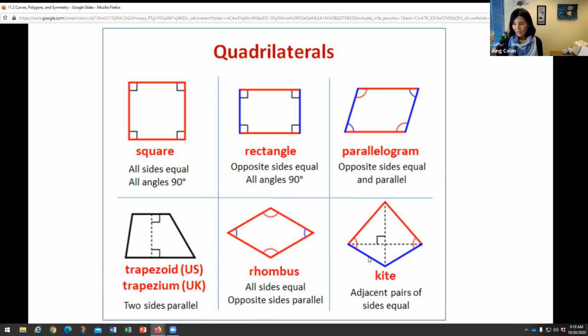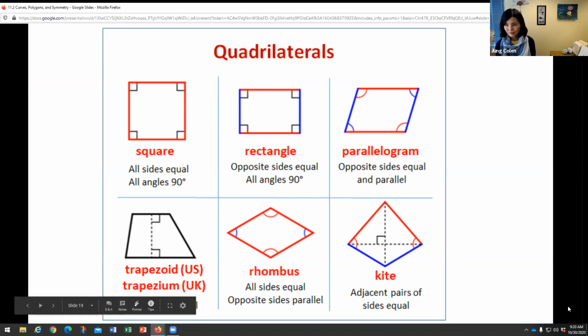Okay? To be a kite, not opposite sides, but consecutive sides. So these two sides are congruent and these two sides are congruent. Okay? Then the opposite angles here, where two pairs meet, are congruent. Also, the diagonals bisect each other and they are perpendicular. Okay?